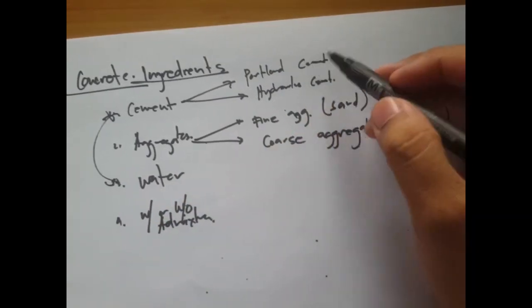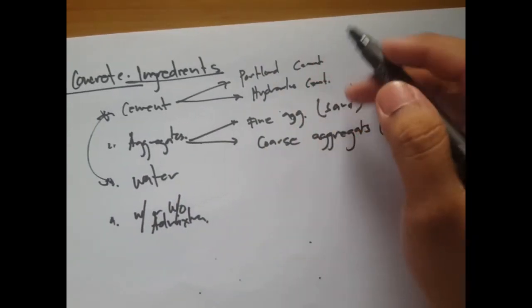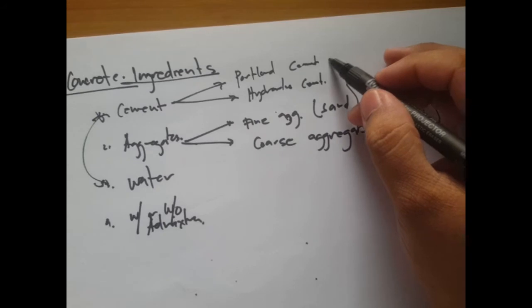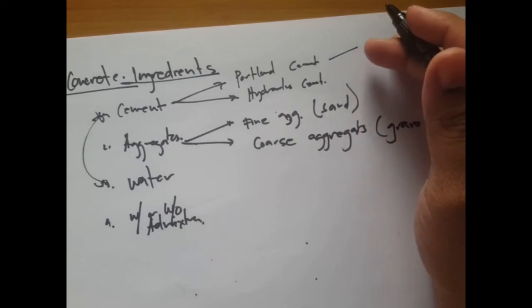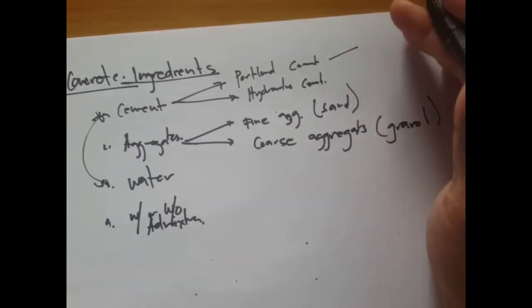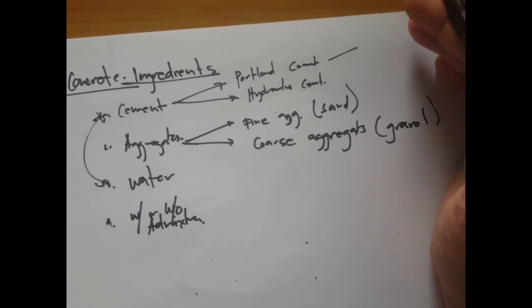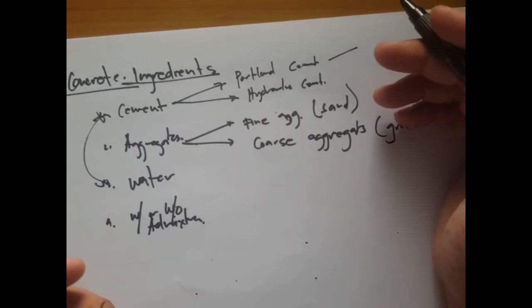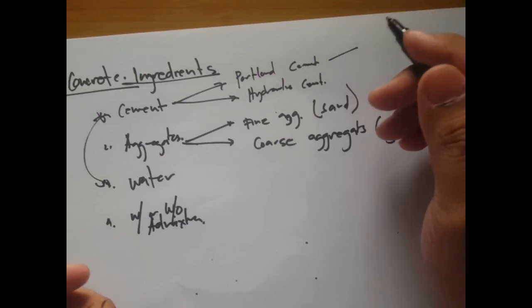So for cement, we have Portland cement and hydraulic cement. For Portland cement, there are still other types, like type 1, type 2, until type 5. General purpose cement is type 1, and other types are also available.